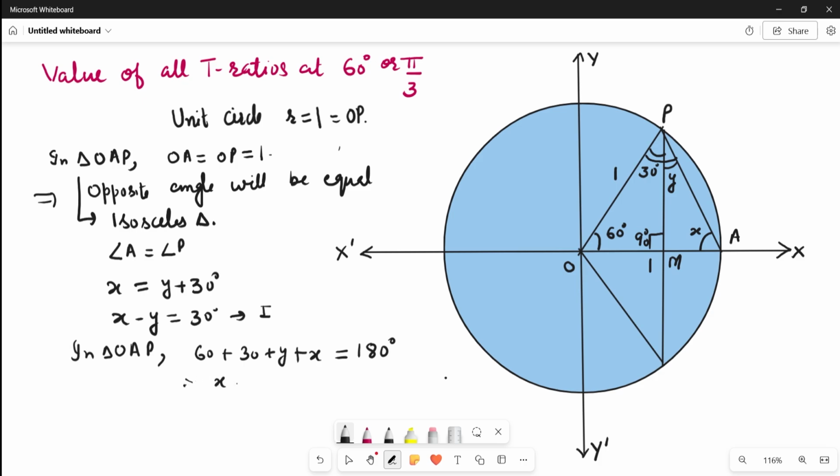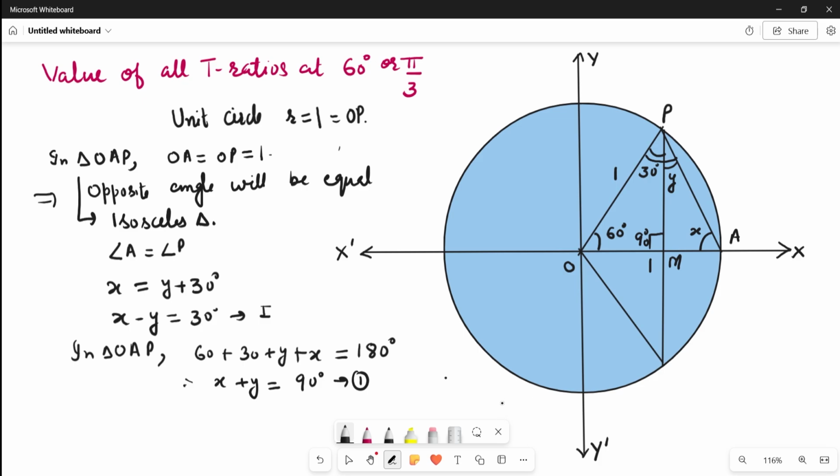Therefore, X plus Y is equal to 90 degree. This is the second relation.